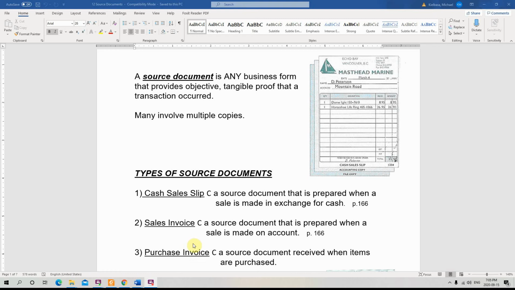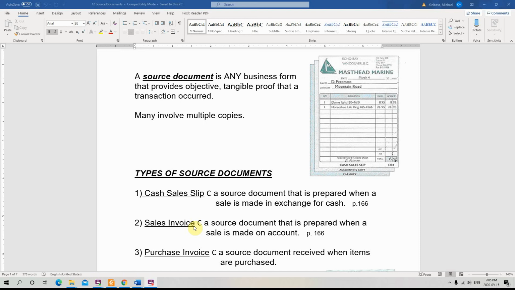Let's suppose you come into my business, okay? I'm going to fill out a sales invoice, and that sales invoice, one copy I'm going to keep. So that's going to indicate that I made a sale, right? Now that sale could be for cash or it could be on account.